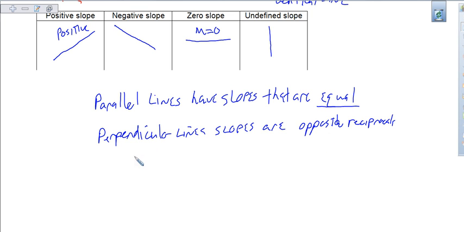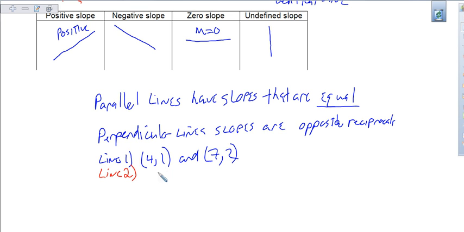So if we had two lines, and line number 1 we'll do in blue, they gave you that it has an x and y coordinate, first point at 4, 1, and 7 and 2 for the second point. And they want you to look at another line and see if there's any relationship between it.